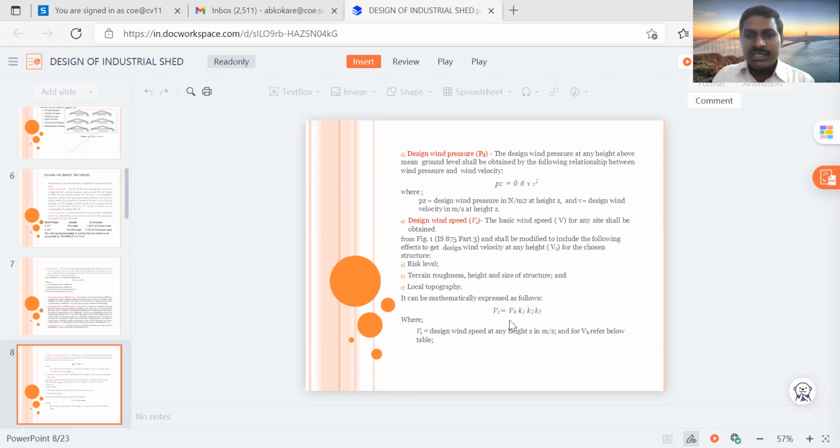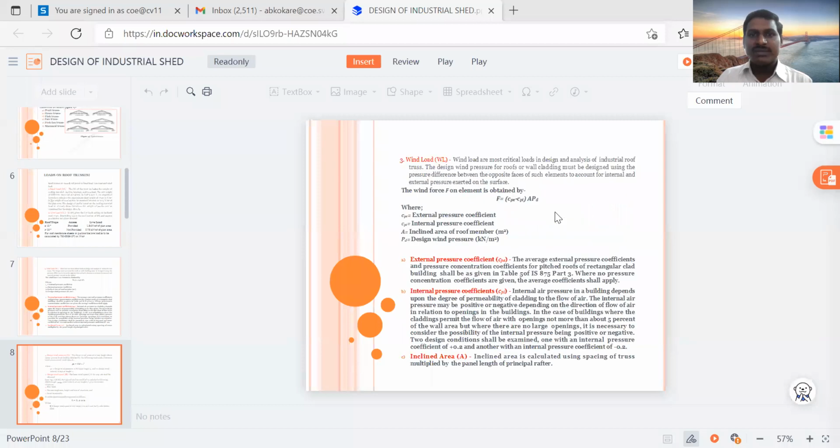By using these we can calculate VZ, the design wind speed, and use it in the PZ formula to calculate the design wind pressure.